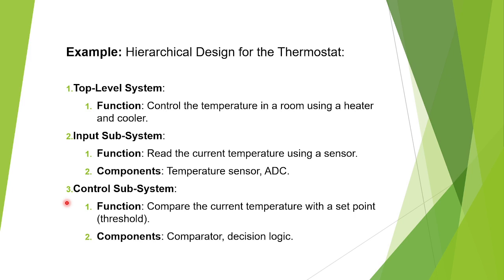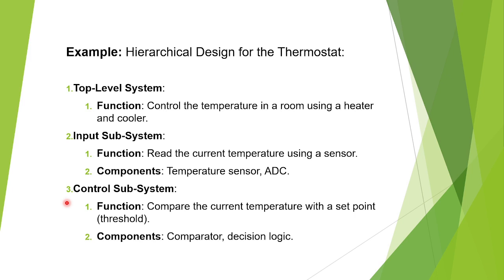In our normal rooms we use temperature sensors which detect the current temperature in our room, whether it is cool or hot. And then in the second step, the input subsystem's function is to read the current temperature using a sensor. And what kind of components are we using? We are using a temperature sensor and an ADC.